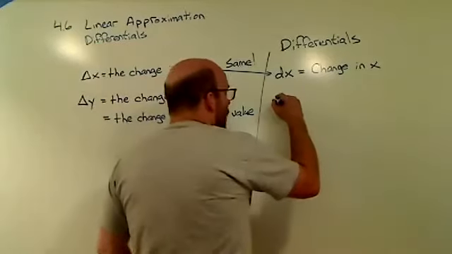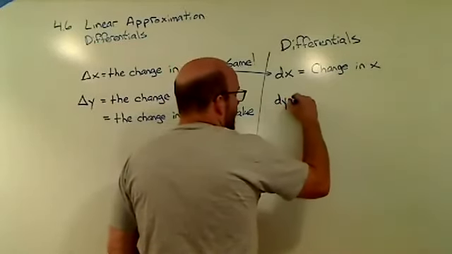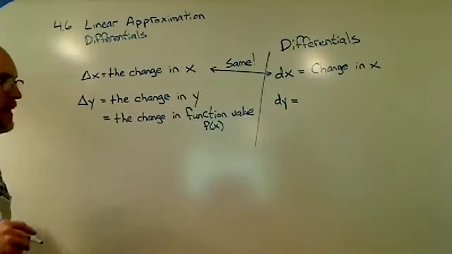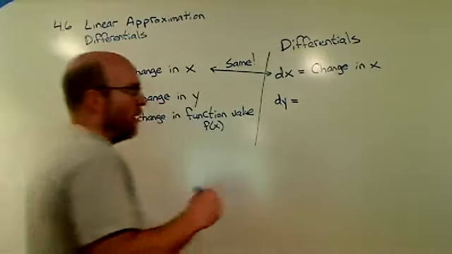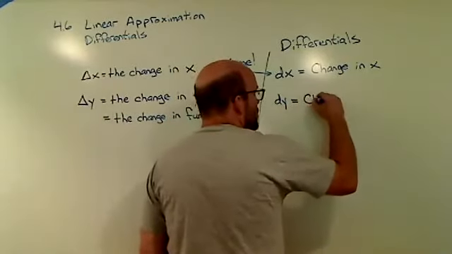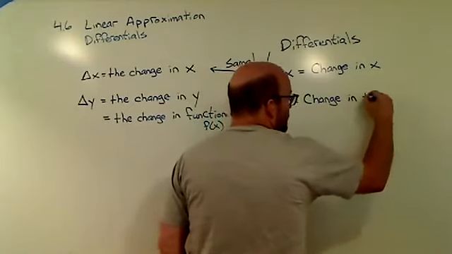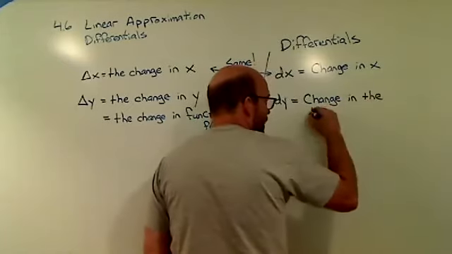Okay, dy. I'm not even going to say change in y here because I want to make sure it's clear that it's really not the change in y. This is the change in the tangent line.